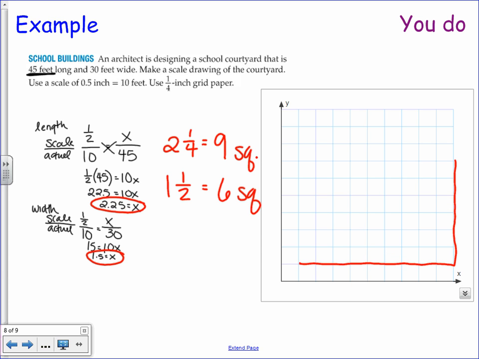And we'll make it nice and neat, as neat as I can on the smartboard. And so this represents 45 feet, and this is 30 feet, with a scale of 1/2 inch equals 10 feet.